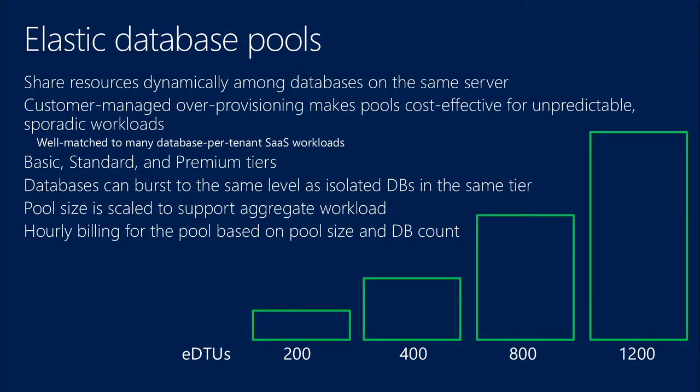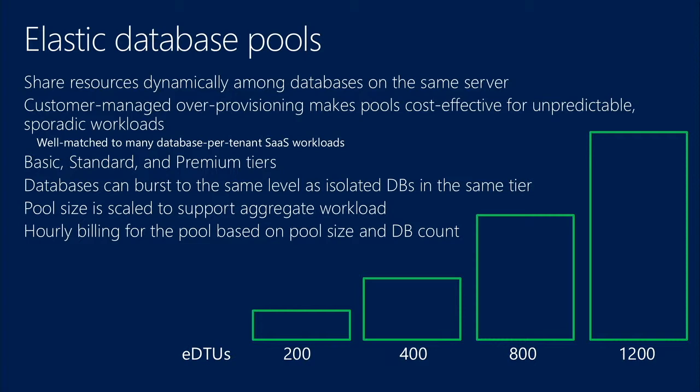So for an elastic pool, the idea here is you might have a lot of databases because, say, you're a SaaS vendor, and lots of databases that have different performance profiles at different points in time. It's not that every customer wakes up at 8 o'clock in the morning, does exactly the same thing as every other customer. So you have some databases that are cold, some databases that are hot, some databases that spike at different times.